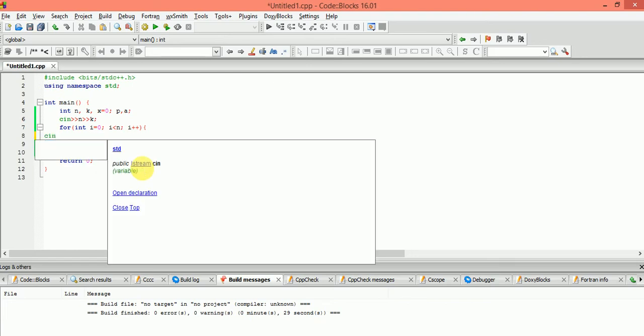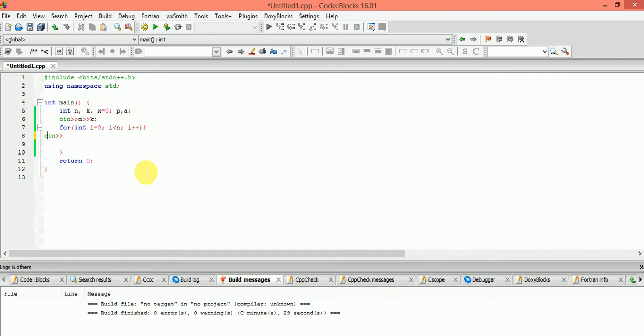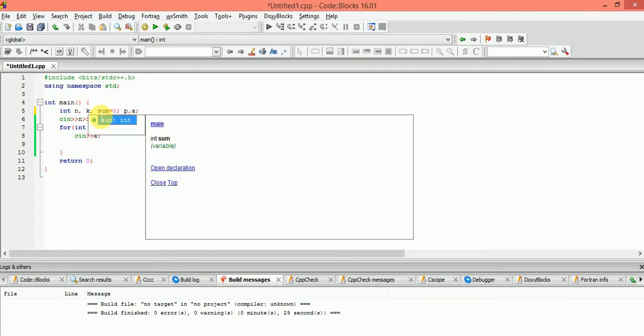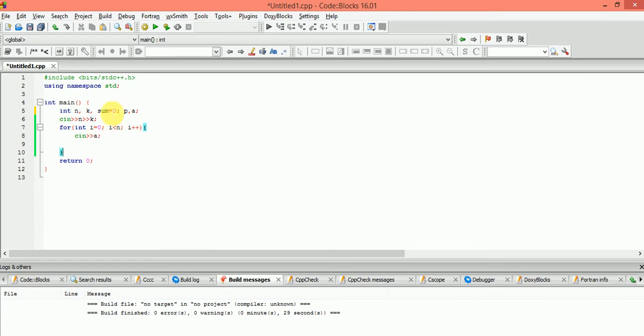a is the item, c in a. Because I don't need to store the value, I will take c in a. Now what I did, I just took a value that you can say is sum, and sum is not that portion.